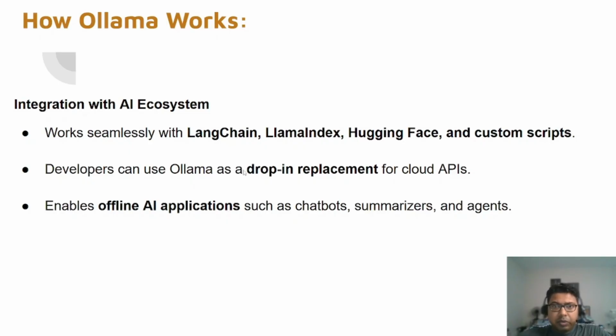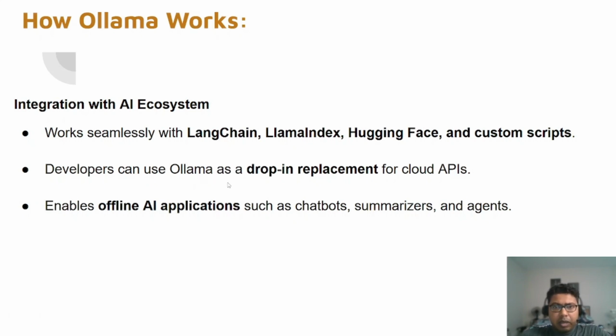So this is how we use LangChain. It is very useful, and Ollama supports this. Llama Index it also supports, Hugging Face also. So these are the ecosystems it supports. So basically, if we want to do some learning steps, we can easily do it using Ollama without paying a single penny for cloud interfaces.